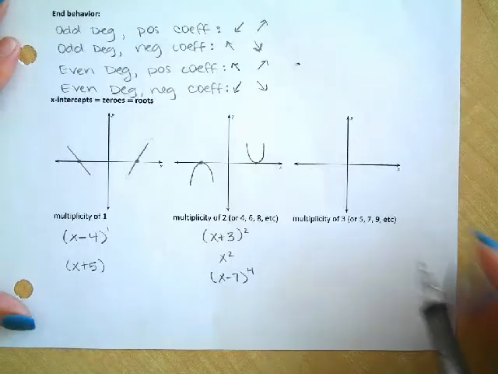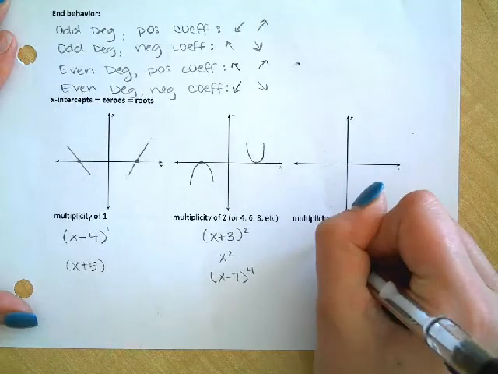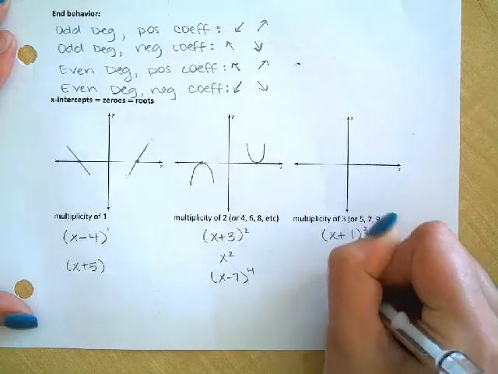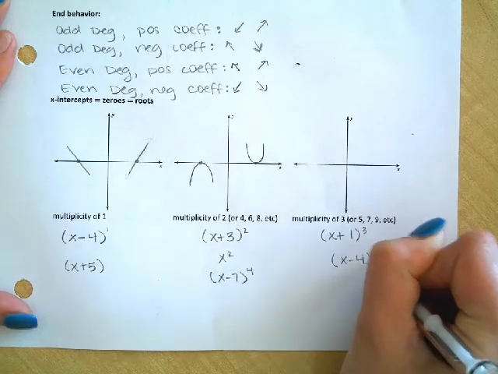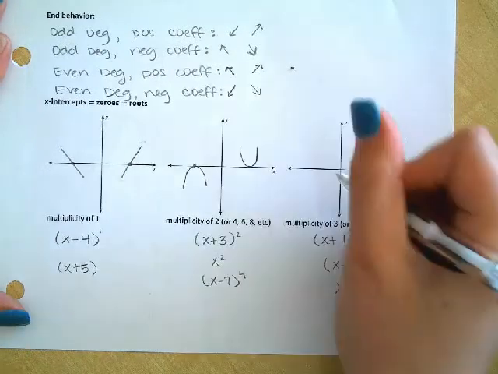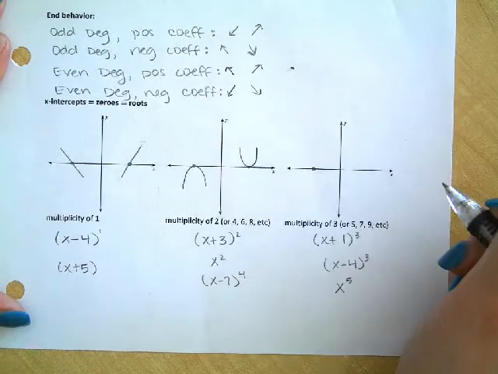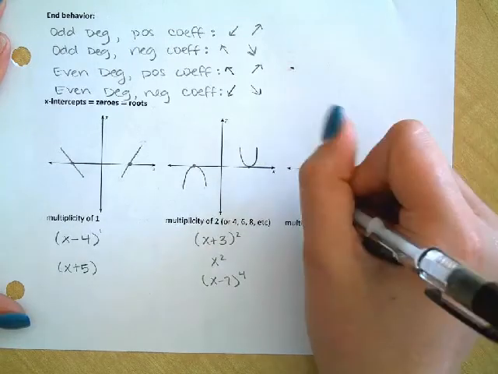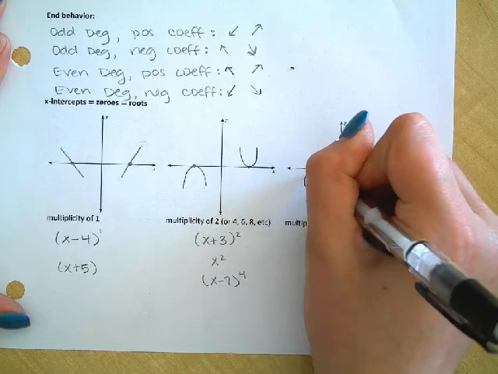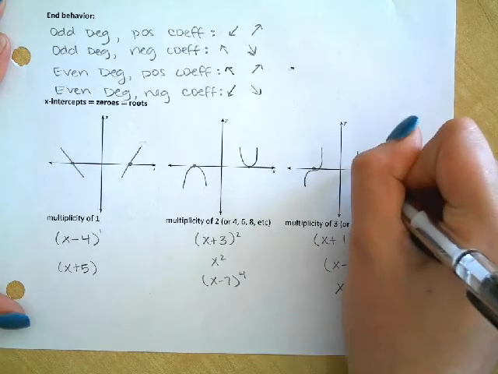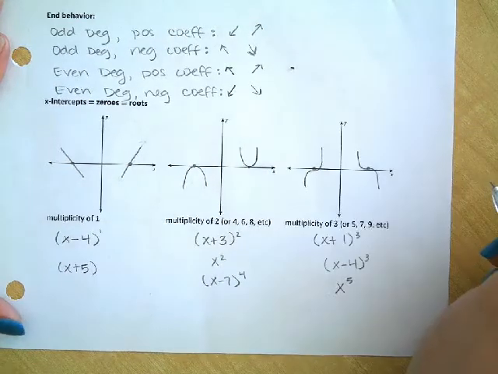Multiplicity of 3 could be like x plus 1 to the third power, or x minus 4 to the third power, or x to the fifth power, something like that. These ones go through, but they don't go straight through, they squiggle through. So it goes up, levels out, continues to go up, or it could go down, level out, continue to go down.